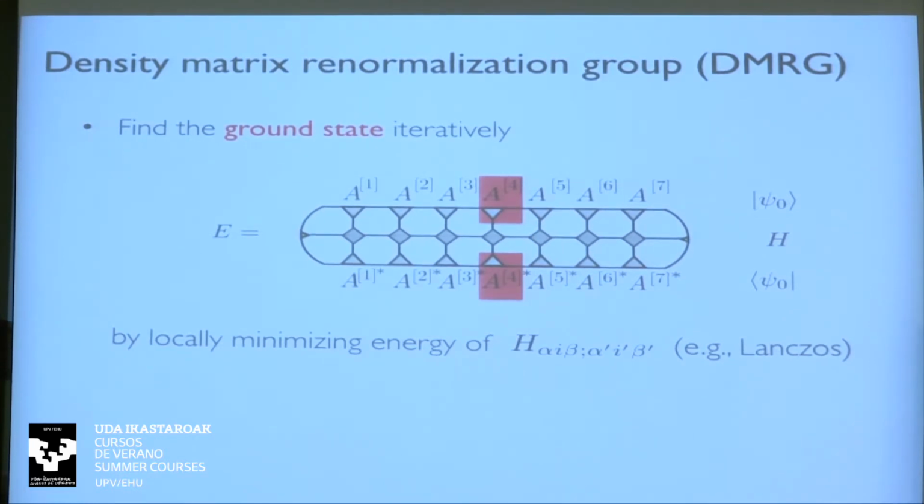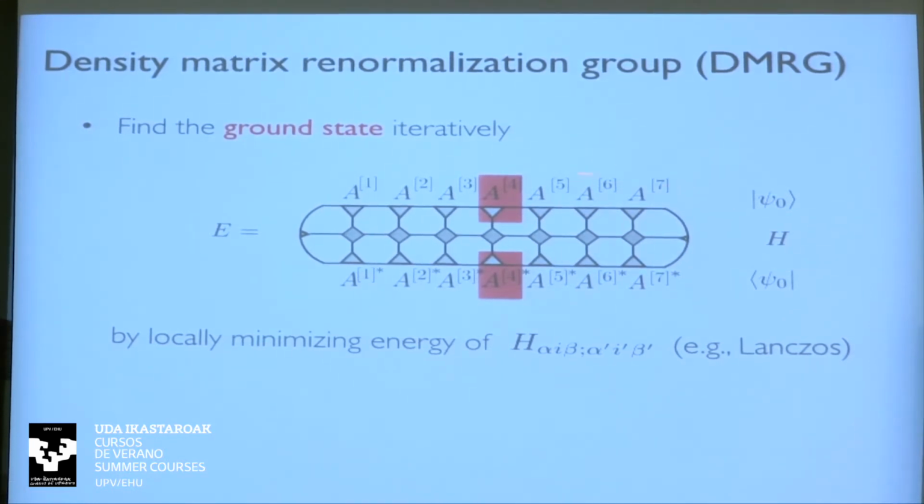I just showed you that we are all very familiar with matrix product states, so we just guess whatever ground state we might have by writing some guess in terms of the matrices A. We now know how to express our Hamiltonian as this matrix product operator, and we just sandwich it with the conjugate of this wave function, and this is now the energy expectation value.